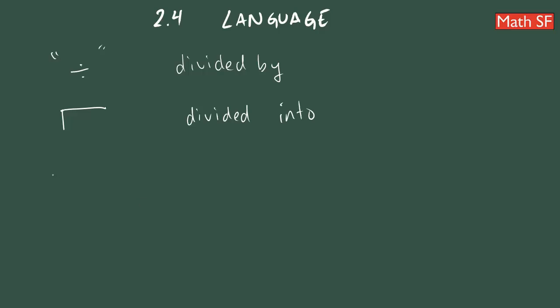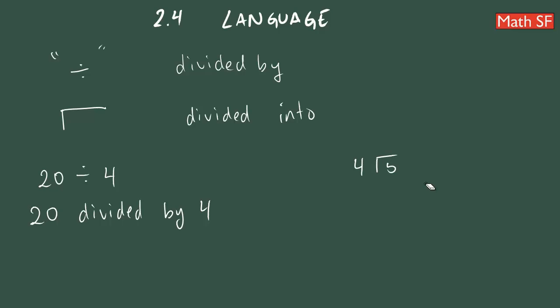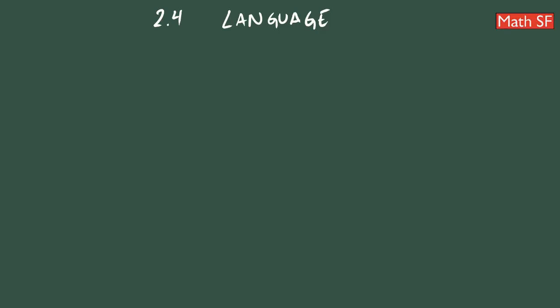For example, let's read this sentence, 20 divided by 4. And this will be read as 4 divided into 20. So let's do a few problems.